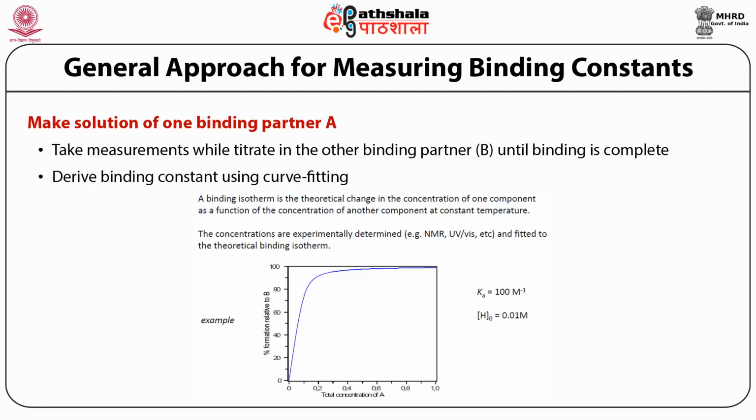What we plot is, on the y-axis, the percentage formation of the complex with respect to B, and on the other axis the total concentration of A. Then we fit this curve, and by curve fitting, with different software available, we can find the binding constant. Let's say for this curve, the Ka is determined to be 100 molar inverse.